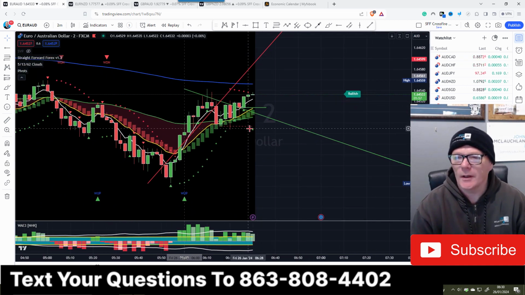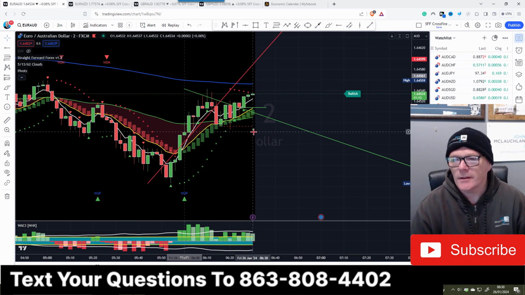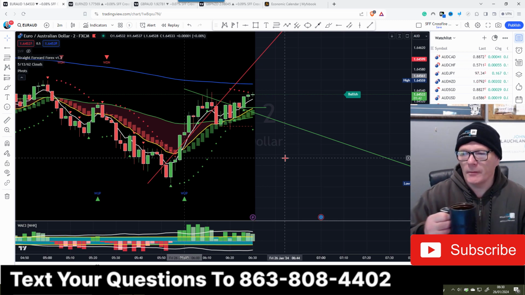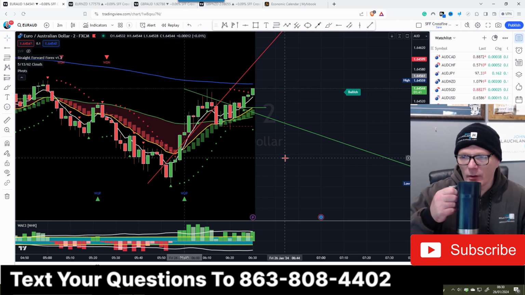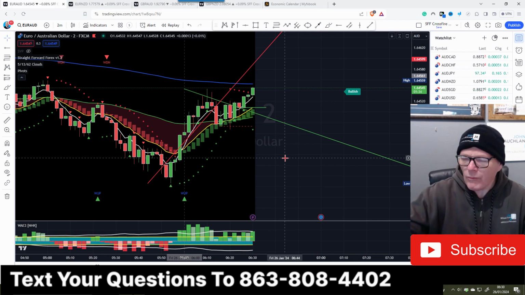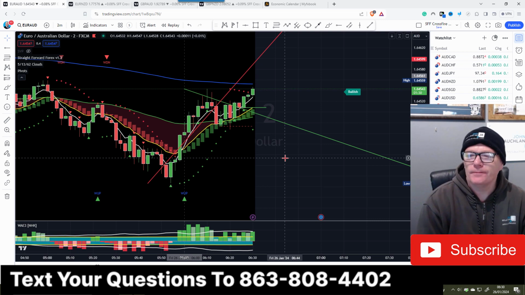As the PSAR's flipped, and the PSAR's actually flipped quite a distance away from the candle, even though the candle's now going red, which is generally what happens. You get the PSAR flip, you get excited, and then suddenly it goes the wrong colour. So here we go. It's going to find resistance at the 200 moving average.